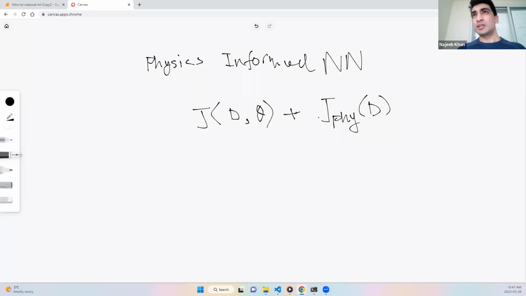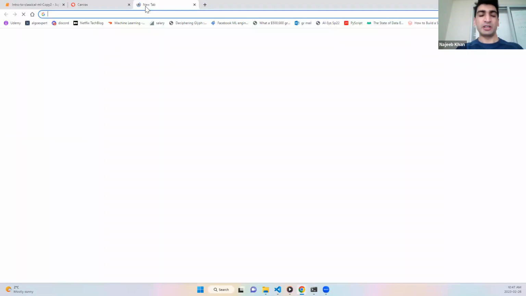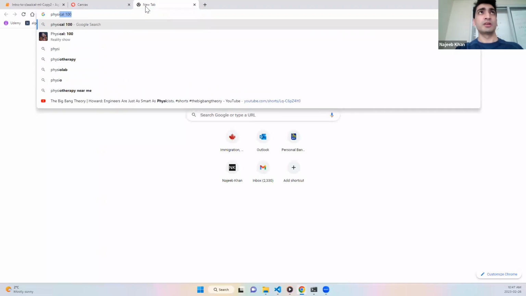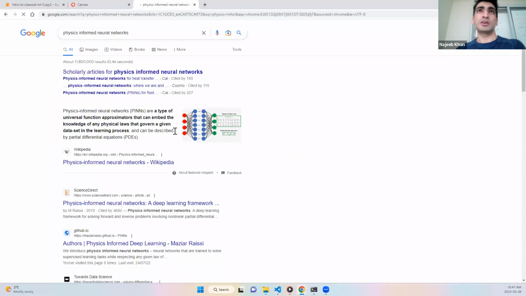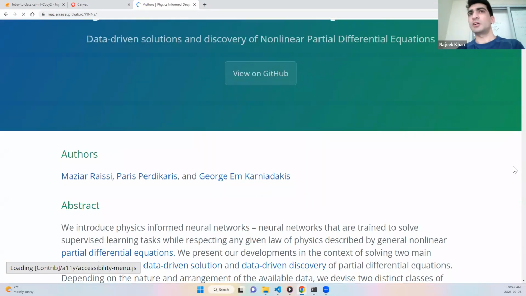And when the network is trained with this physical constraint, then it has better performance. You could look into the physics-informed neural networks literature. There is some really cool stuff there.